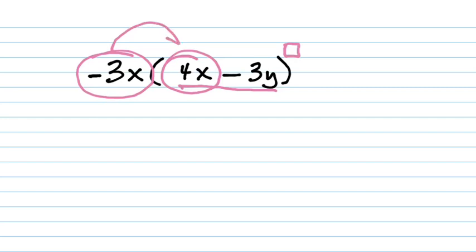So I've got to multiply those two together, starting with the sign. So it's a negative times a positive, which makes a negative. Then you're going to multiply the numbers. 3 times 4 is 12. Then you're going to keep the base, right? So it's an x. And since we're multiplying an x times an x, that is x squared.